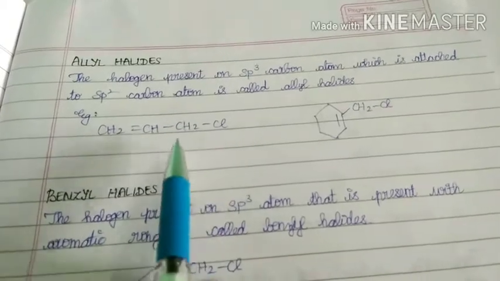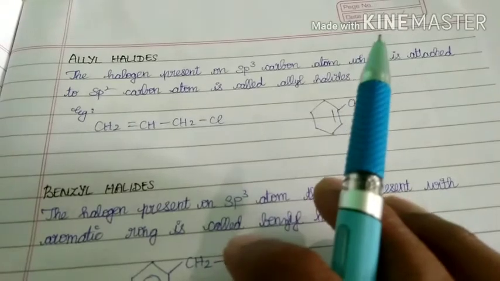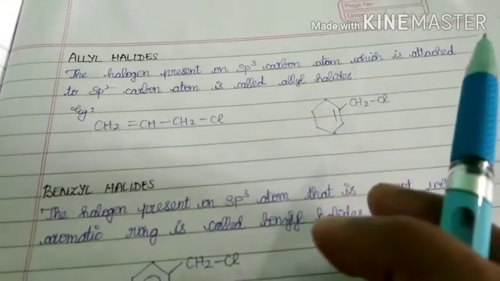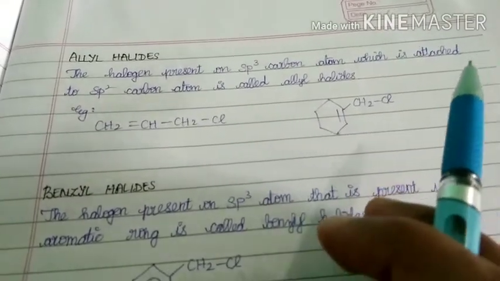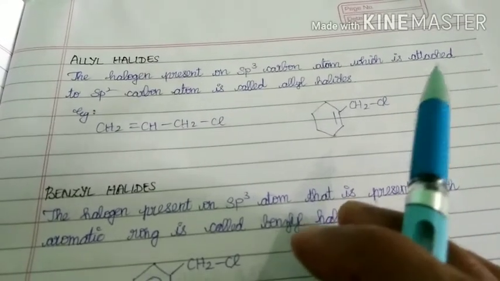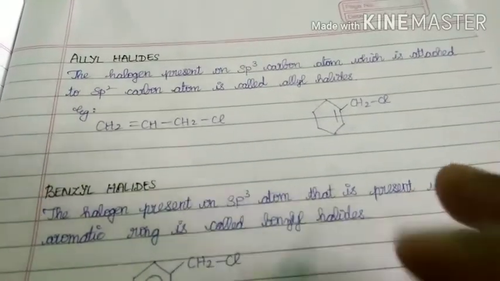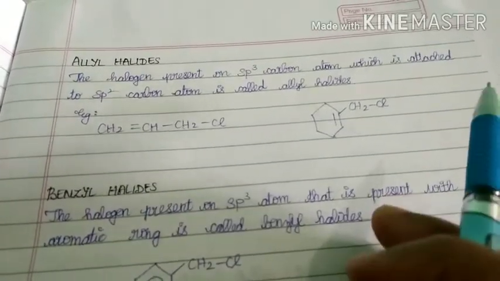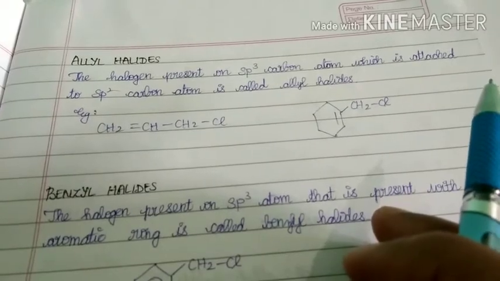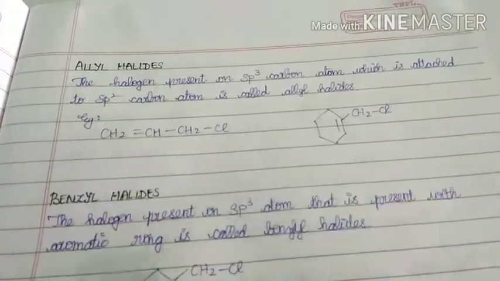Because this carbon forms single bonds. When any carbon forms single bonds only, that carbon exhibits sp3 hybridization. If carbon forms a double bond, then that double bonded carbon exhibits sp2. If carbon forms a triple bond, then that triple bonded carbon atom exhibits sp. We know that already because we discussed all these points in class 11 chemistry.